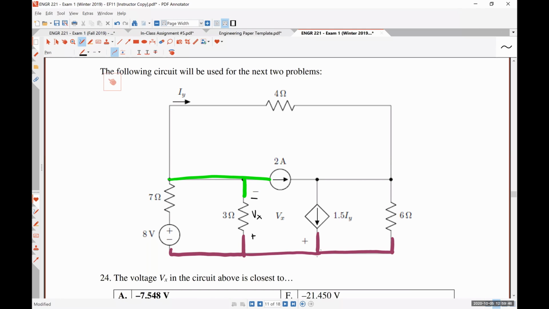So if I made the maroon node ground, Vx would just be 0 minus VA, which would just be negative VA. You called this one VA, this one VB, and then this one VC or something like that? Yeah. And bottom as ground, then you are correct. Vx would be negative VA. Okay, thank you.